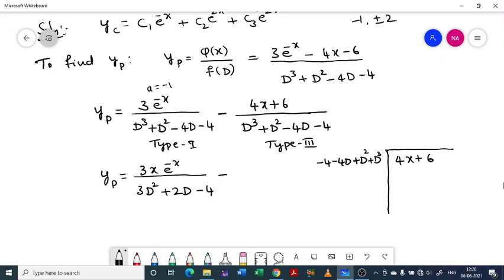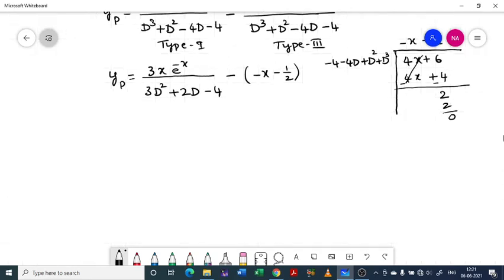Now 4x divided by -4 will be -x. So -x into -4 gives 4x, and -x differentiated gives -1, and -1 into -4 gives plus 4. Subtracting, these two get cancelled and you are left with 2. 2 divided by -4 is -1/2.